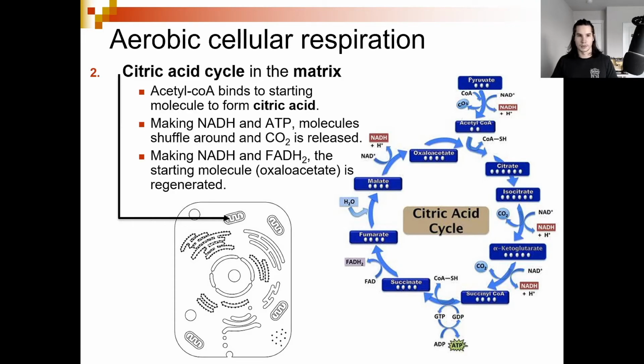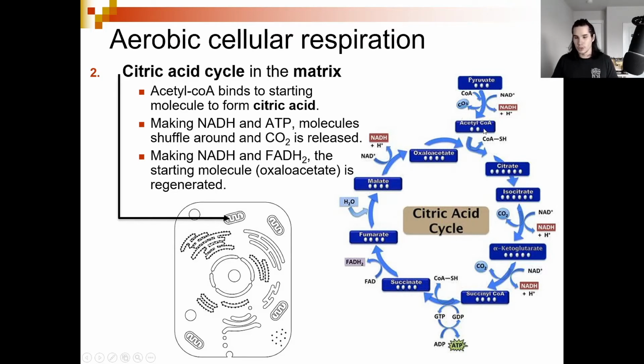now it's ready for the citric acid cycle, or the Krebs cycle. So citric acid cycle is going to happen in the matrix. Acetyl-CoA binds to the starting molecule to form citric acid. So originally, floating around in the matrix, you have all of these molecules actually. But what happens is that acetyl-CoA is bound to an enzyme, and that enzyme also brings in oxaloacetate, which is a 4-carbon molecule.